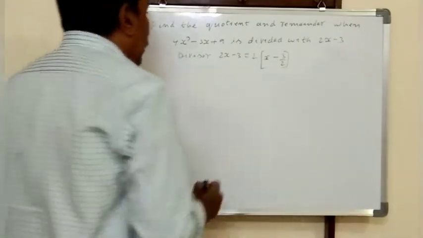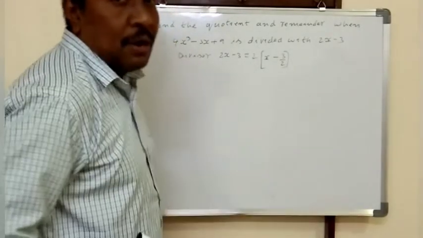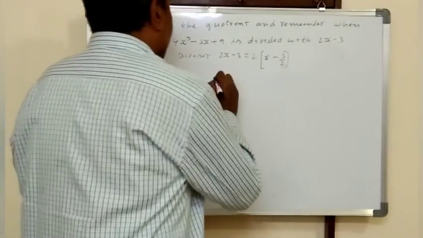Now what you have to do is apply Horner's method, that is the synthetic division method.